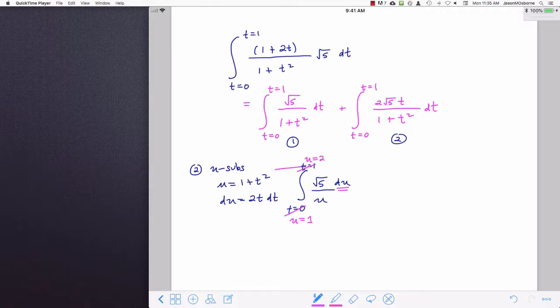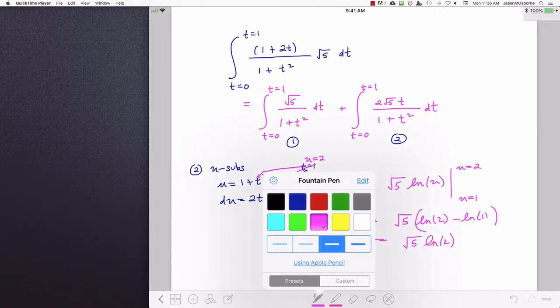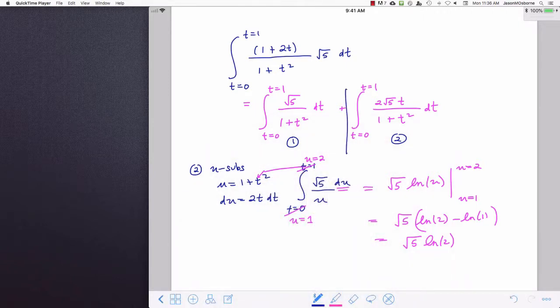Just substituting t equals 1 in here, you get u equals 2. Which means that our integral is going to be square root of 5 logarithm of u, evaluated from u equals 1 to u equals 2, which is square root of 5 logarithm of 2 minus logarithm of 1. Logarithm of 1 is 0. Square root of 5 logarithm of 2 is the second integral.